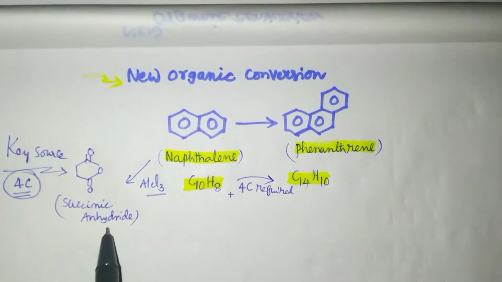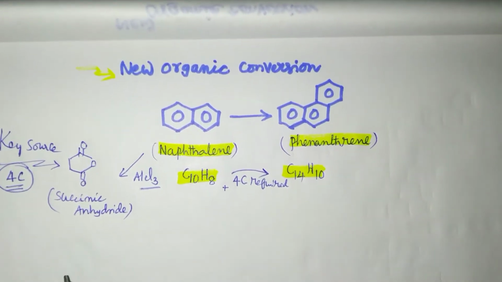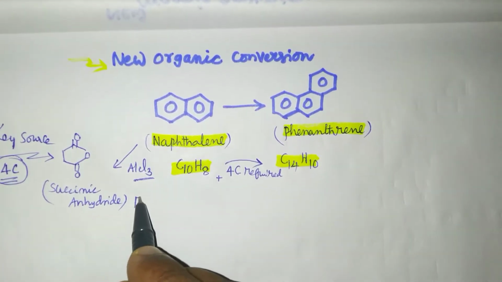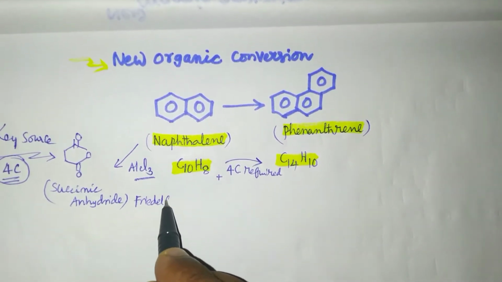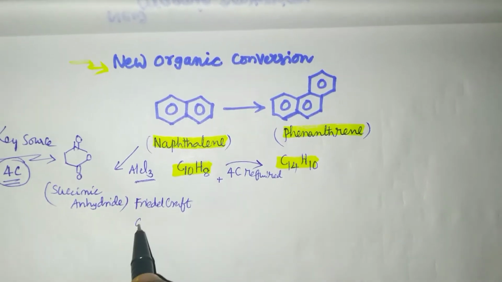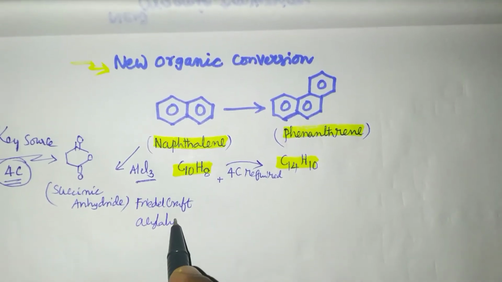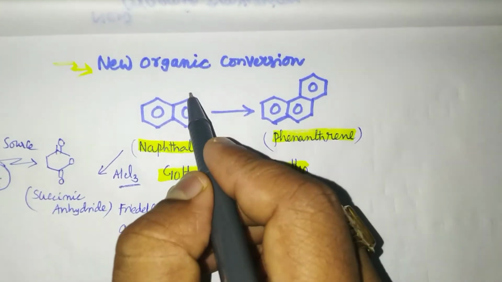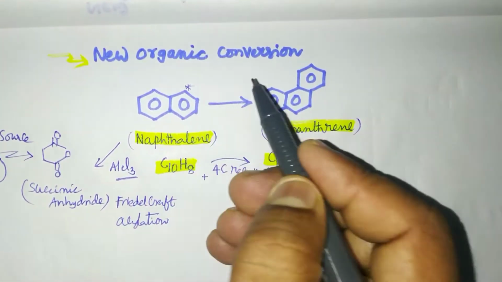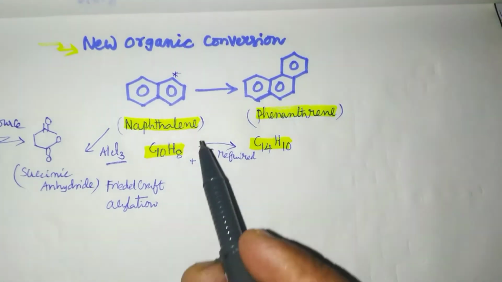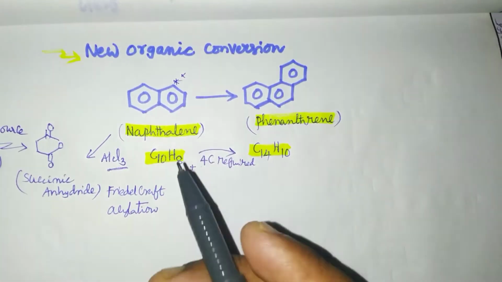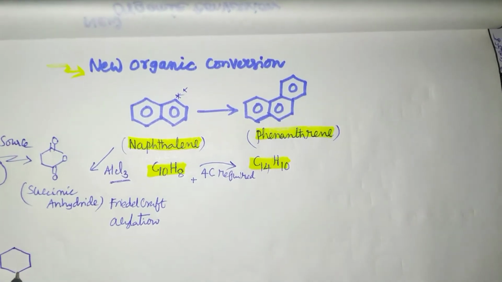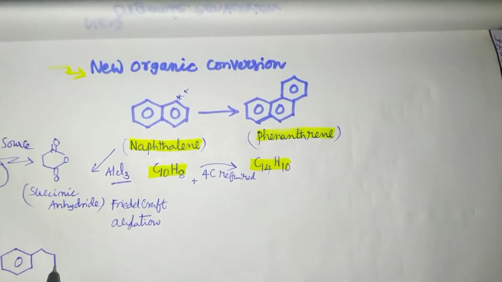This succinic anhydride reacts with naphthalene in the presence of AlCl3. This reaction is a Friedel-Crafts acylation reaction. What is that? It is a Friedel-Crafts acylation reaction. So in the acylation, the electrophilic substitution takes place at the alpha position of the naphthalene molecule to form the alpha-substituted product.